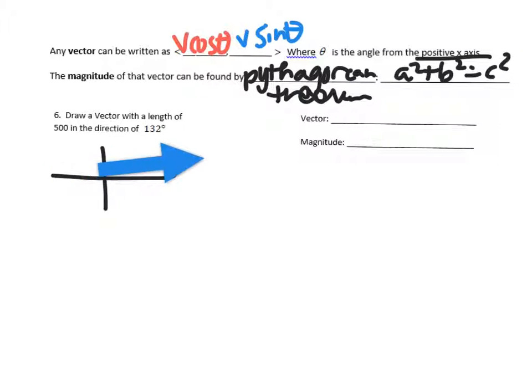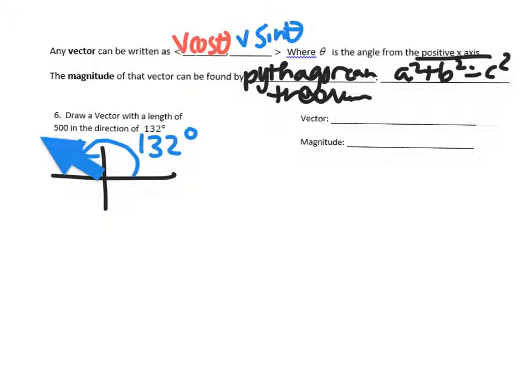In the direction of 132 means, this is 0, so if I want to go 132, I'm going to be over in this area. That means I'm going to have 132 degrees here. And then my magnitude is 500.